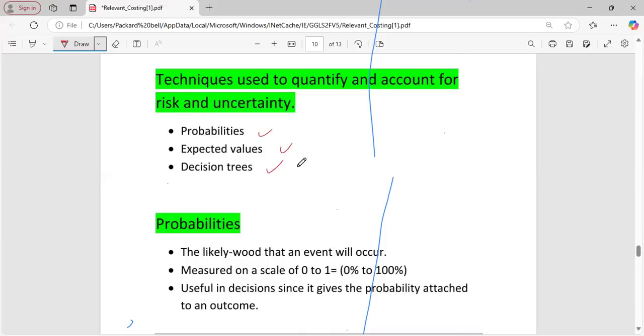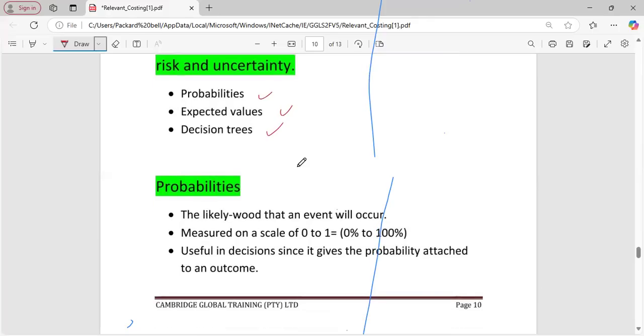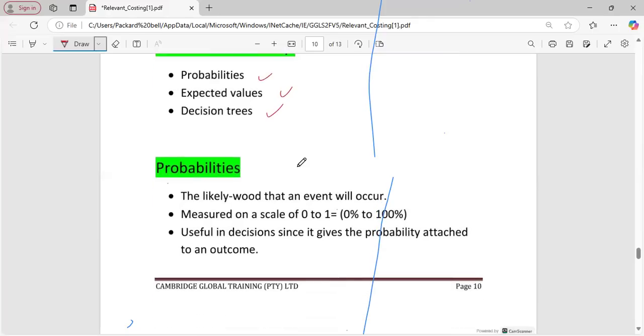A probability is, we always say it is probable to rain. If the probability of having rain is 85%, then the probability of it not raining is going to be 15%. That's how we use our probability.